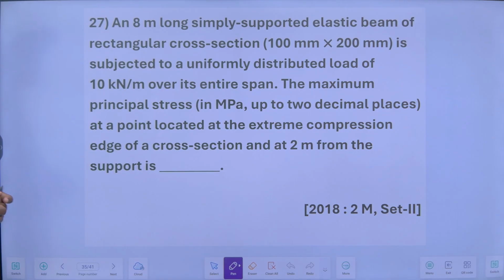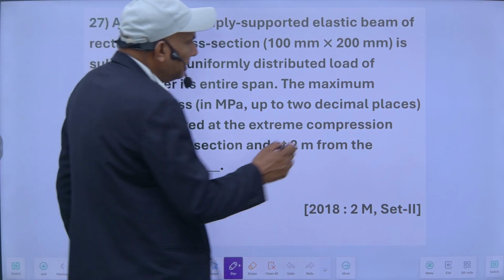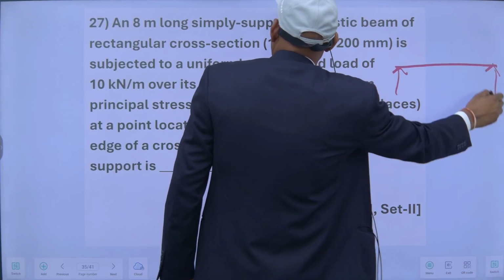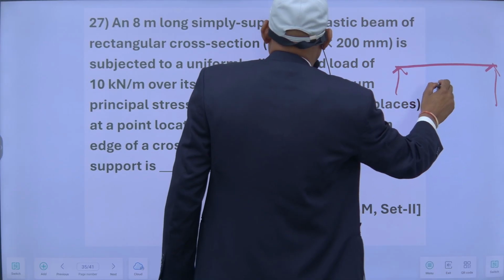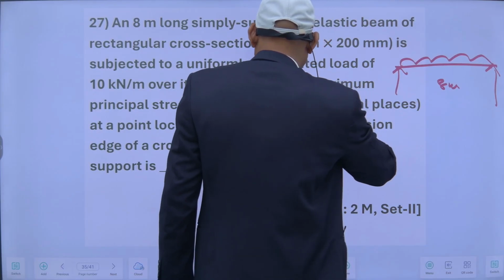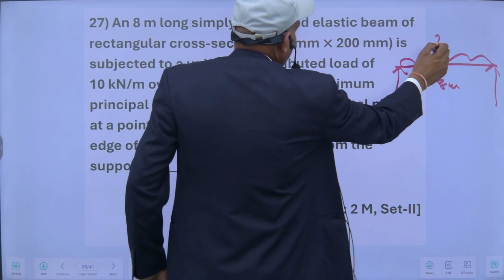An 8 meter long simply supported elastic beam of rectangular cross section is subjected to a UDL. So this is a simply supported beam, 8 meter long, carrying a UDL of 10 kilonewton per meter.